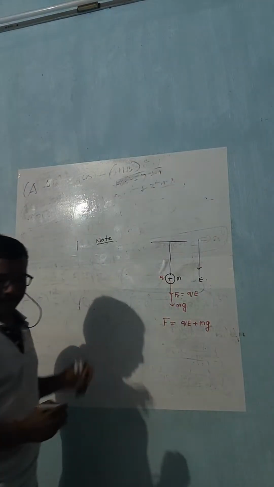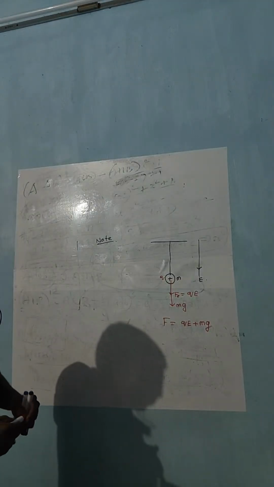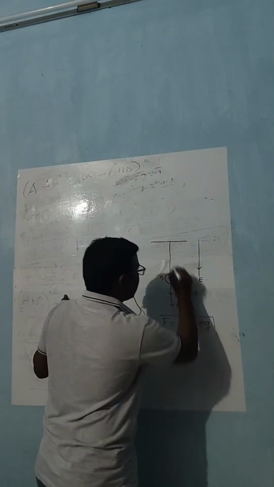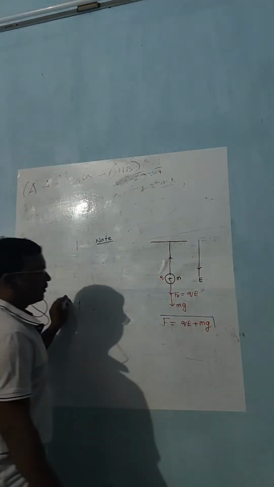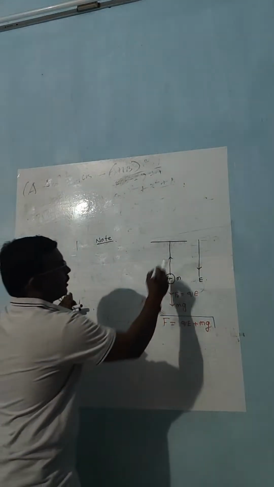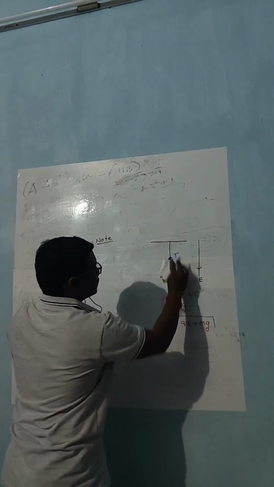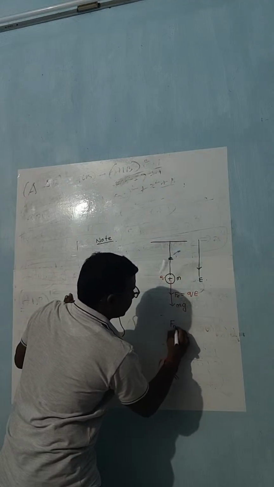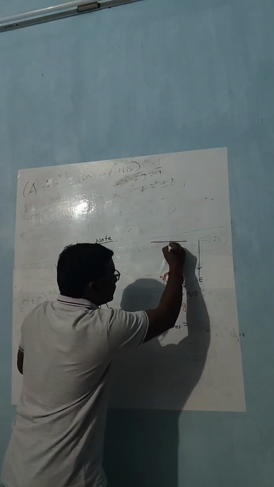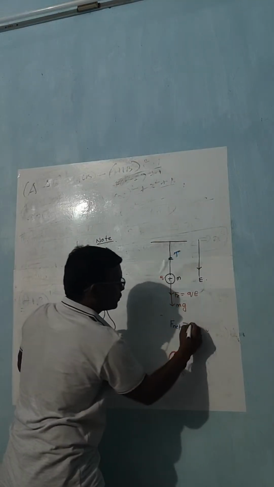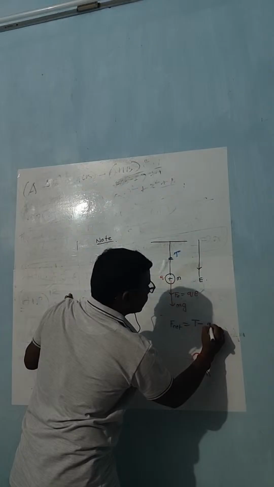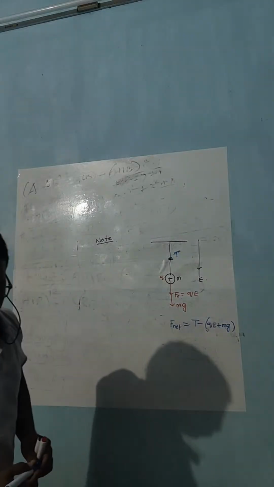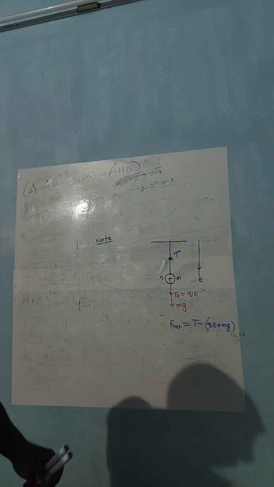And also there is a tensional force experienced here. So F net equals, since it is hanging, it has a tensional force: T minus (qE plus mg). Okay now?